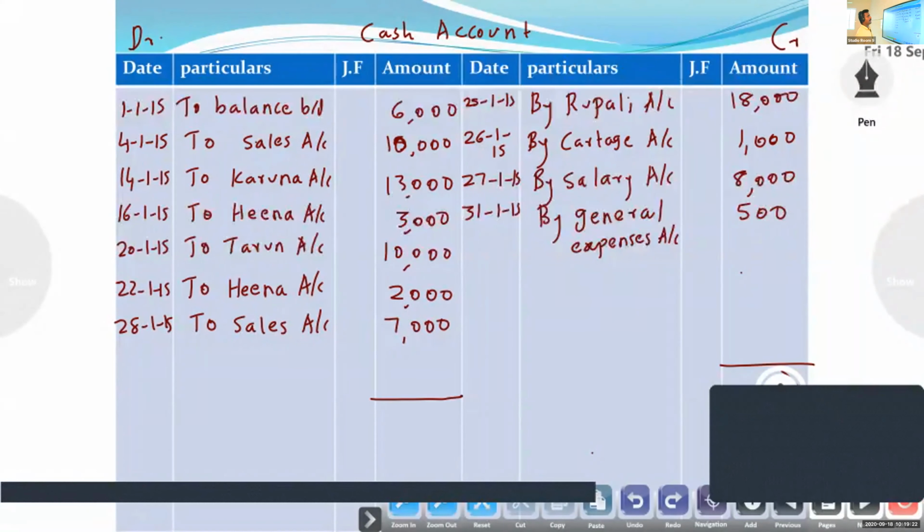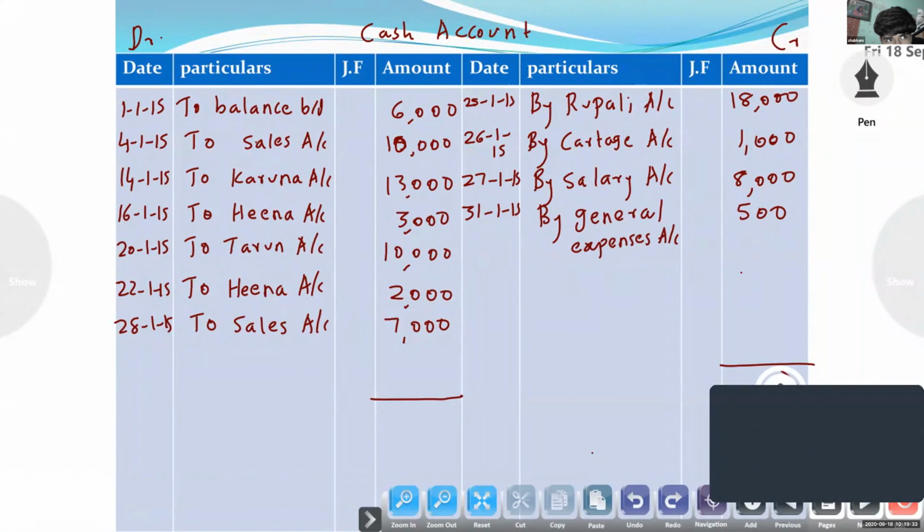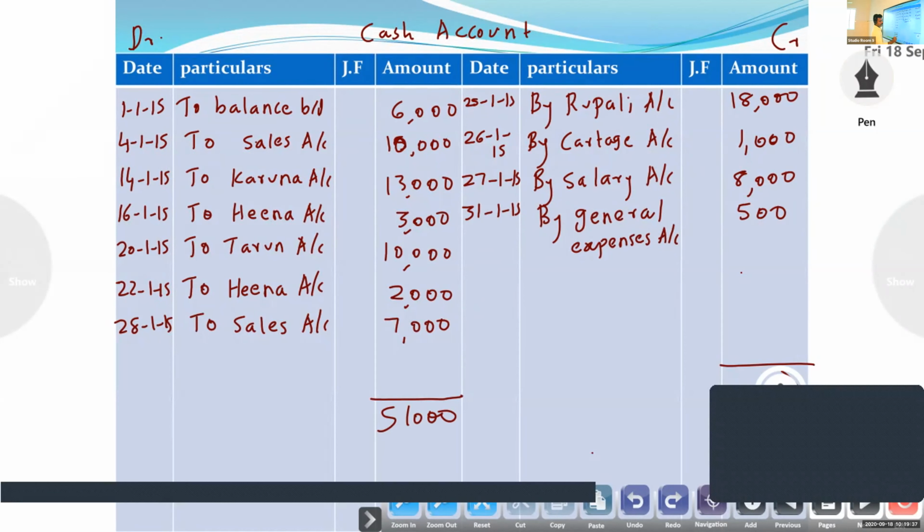Cash account will be a debit balance, 51,000. From that you have to minus the credit side items, closing date by balance c/d.